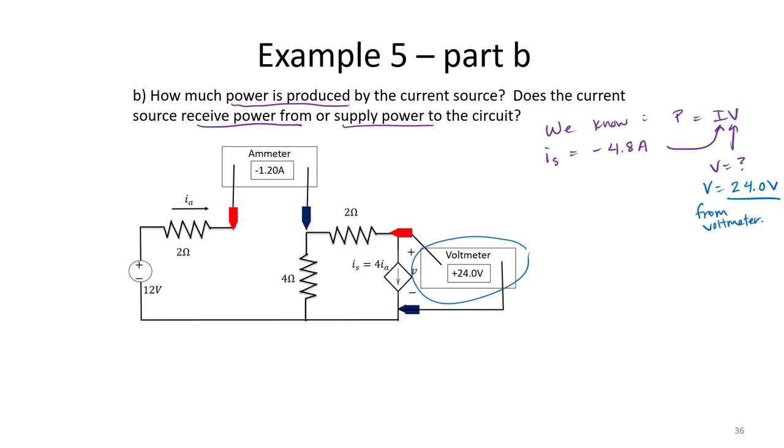So we can plug in. And let's draw a little picture here. Notice we have negative 4.8 amps passing through our source. And notice that our voltage here is 24 volts across the terminals.